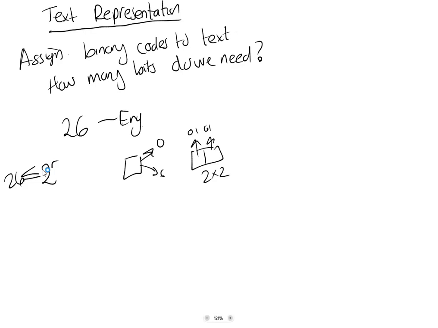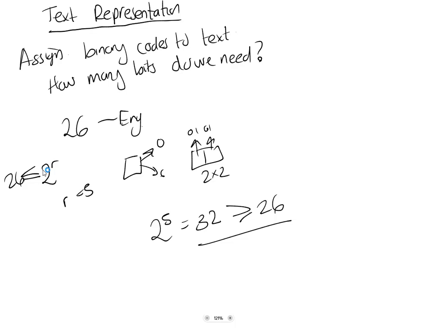With 3 bits you can represent 8 things. With 4 bits you can represent 16 things. With 5 bits you can represent 32 things. So 5 bits is sufficient. If r is equal to 5, then 2 to the power of 5 is equal to 32, and that number is indeed greater than 26. All right, so 5 bits is enough to get all of the English letters.